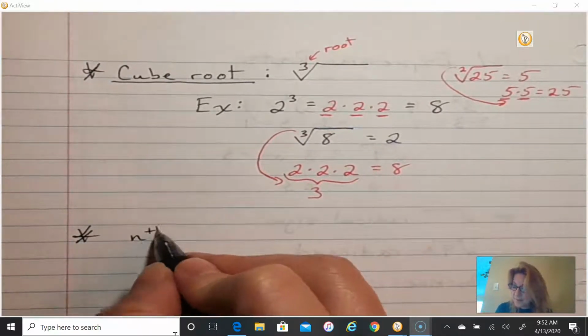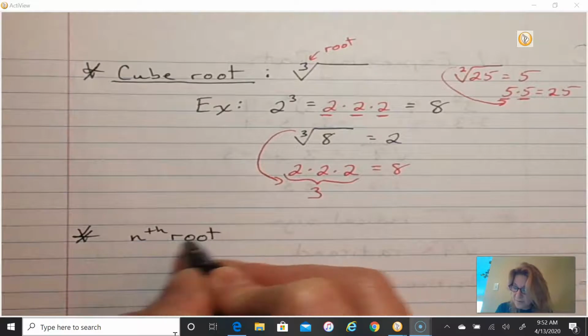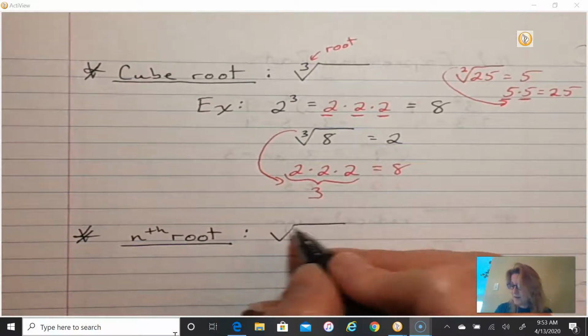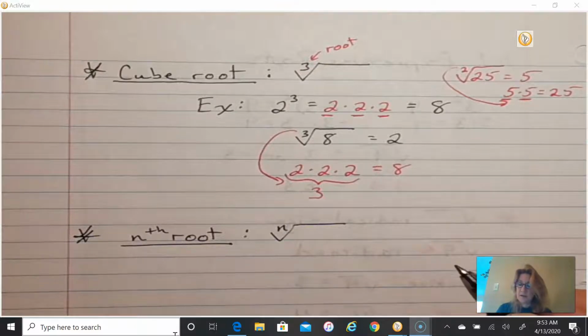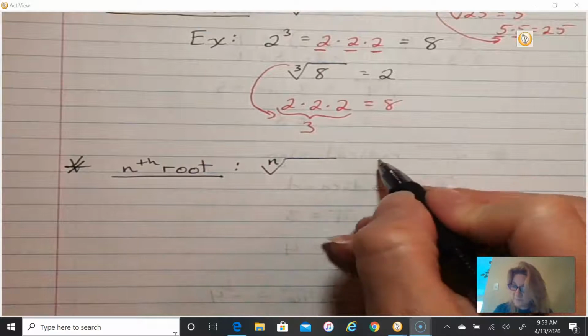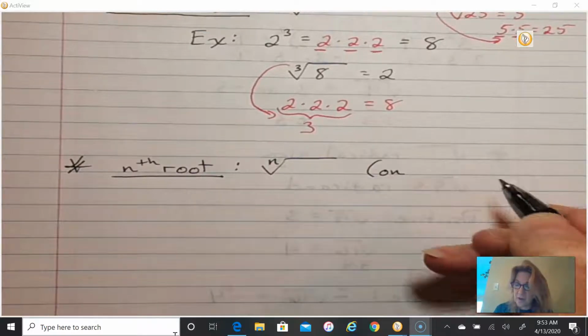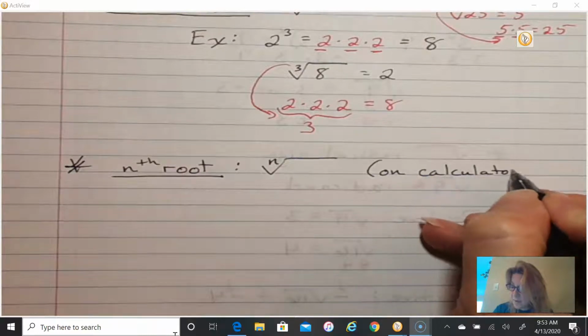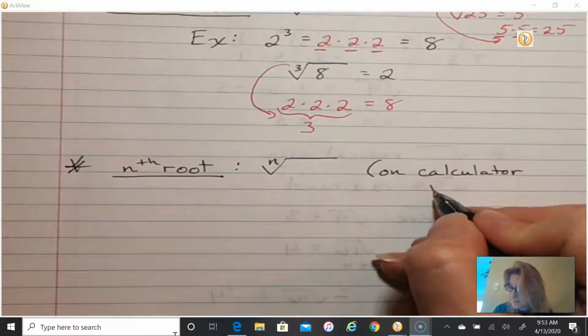Let's talk about the nth root. Okay, on your calculator, and this class is pretty good at using the calculator. On the calculator, it looks like this.